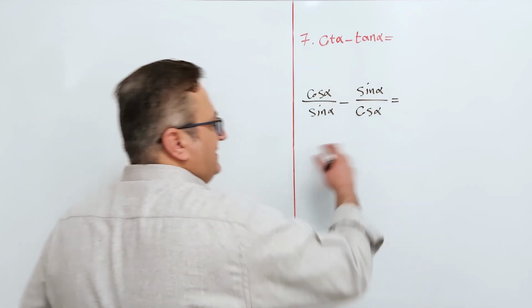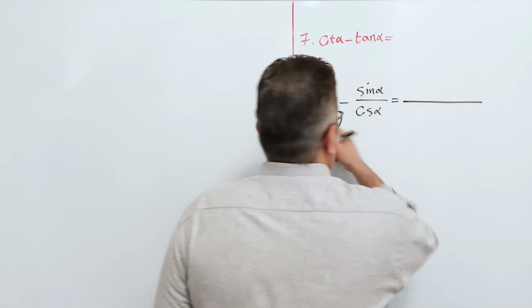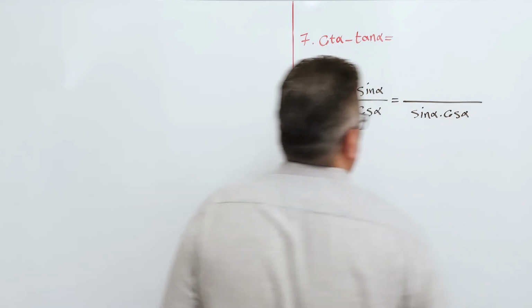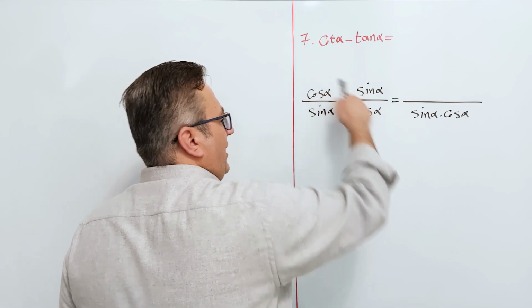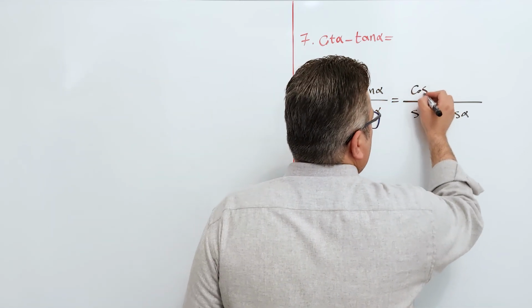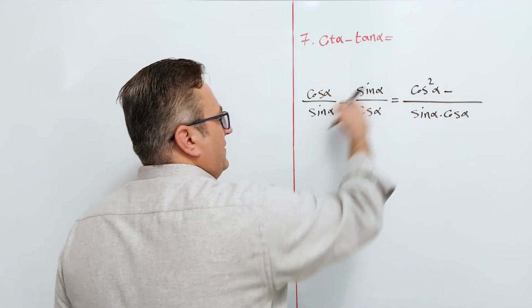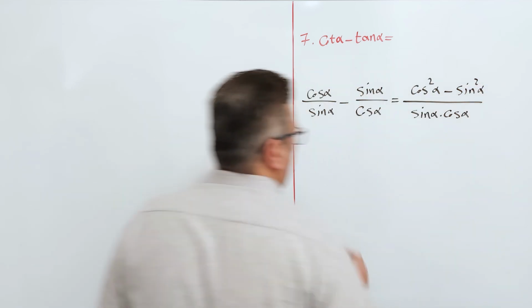And if we factor out the common denominator, we have sine alpha times cosine alpha, and in the numerator we have cosine alpha times cosine alpha, which is cosine squared alpha, minus sine alpha times sine alpha, sine squared alpha.